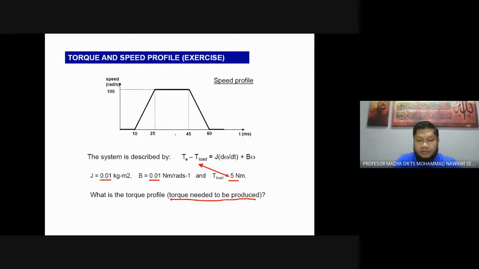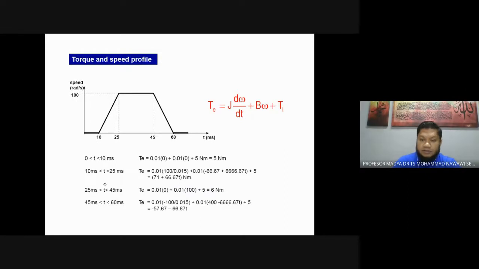Okay, so equation, right? So you have to have a piecewise. You need to describe this piecewise, one by one.